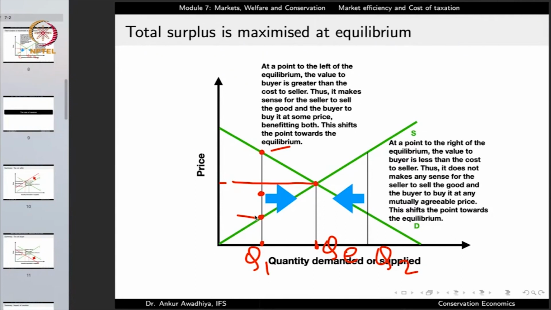And so, if we let the market remain at this point where the transaction is not happening, then this is not a point where the surplus is maximized. Or in other words, if we keep the market at a point that is to the left of the natural equilibrium, then there is still a scope of increasing the welfare.